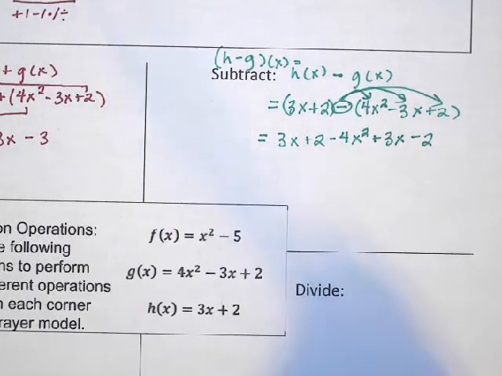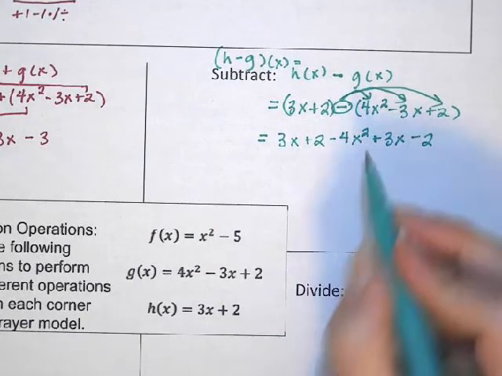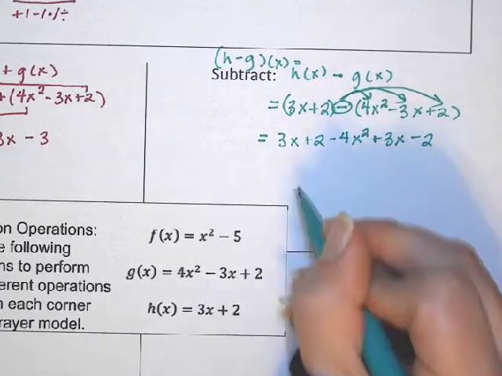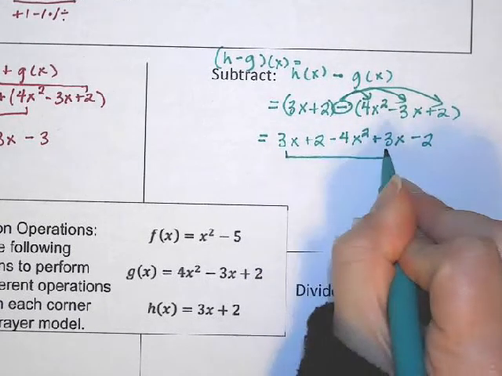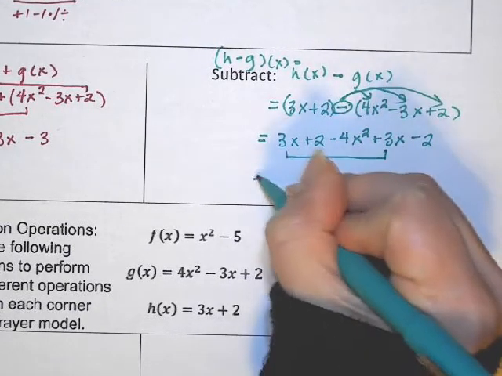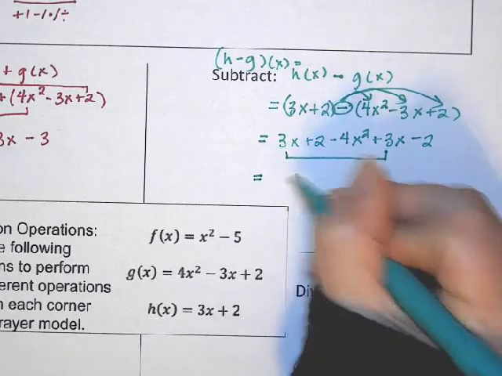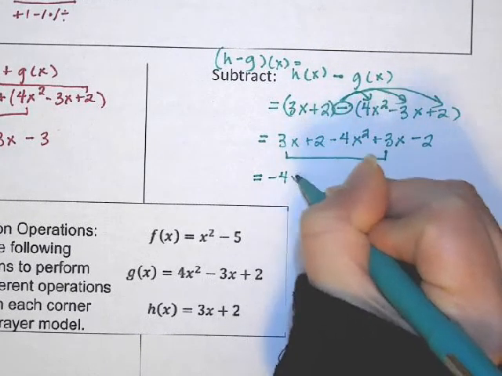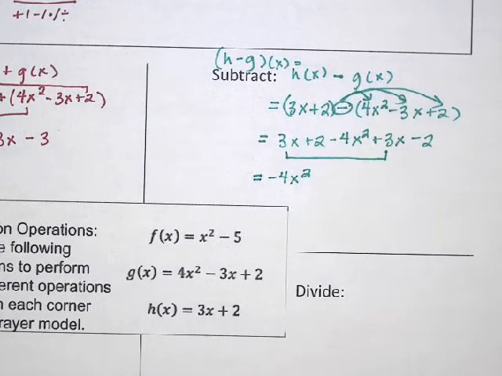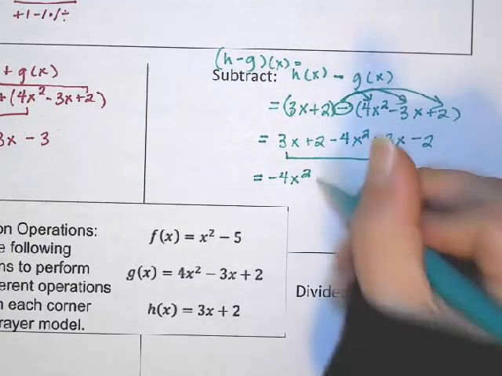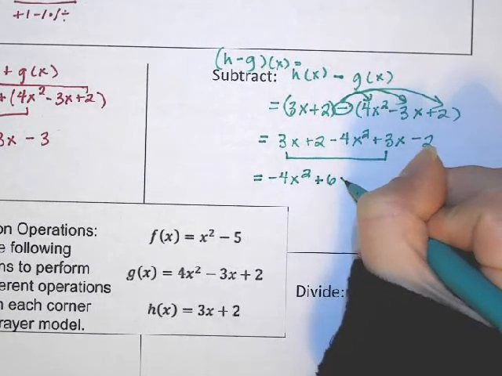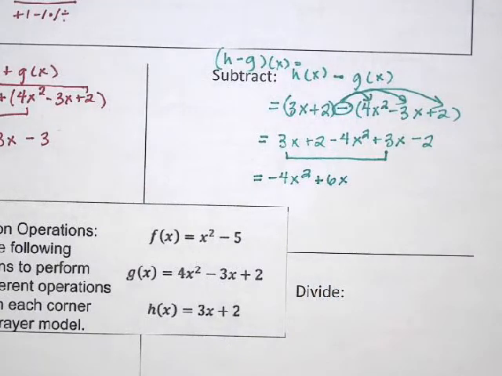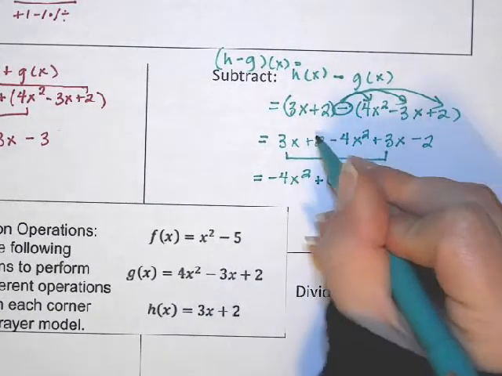And then just like we did over here with addition, I'm going to look for things that can be combined. So I see these two, which is going to give me 6x. This negative 4x squared is just going to combine with nothing, so I'm going to put it at the front as a standard way of writing it. Then plus 6x.